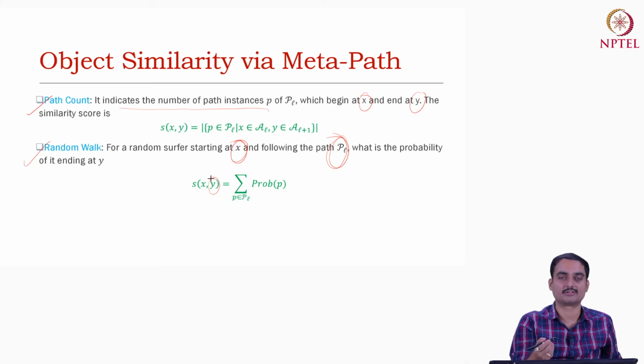In this way you can also measure the similarity. Similarity between two nodes X and Y using random walk is basically the probability of existence of a path P of type PL. We take the sum.